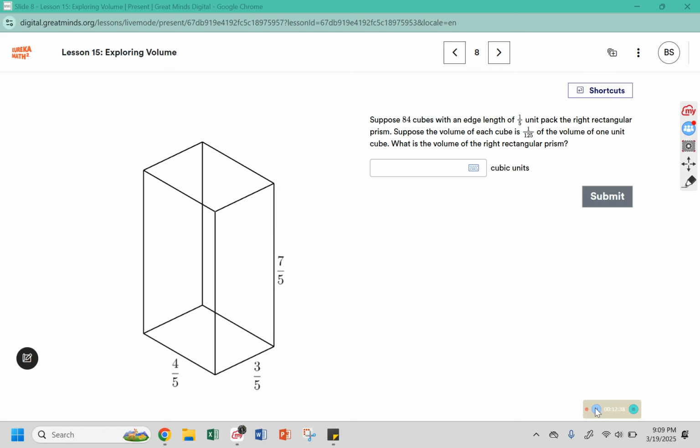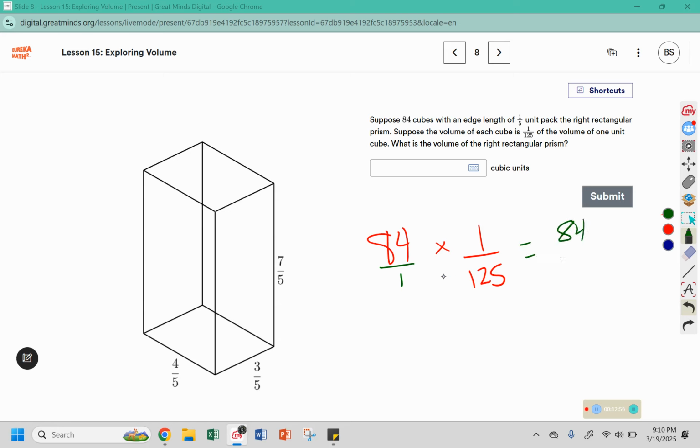Well, there are 84 cubes, and each cube has a volume of 1/125. Don't forget the whole numbers, we can put an invisible 1 beneath. 84 times 1 is 84, and 1 times 125 is 125.